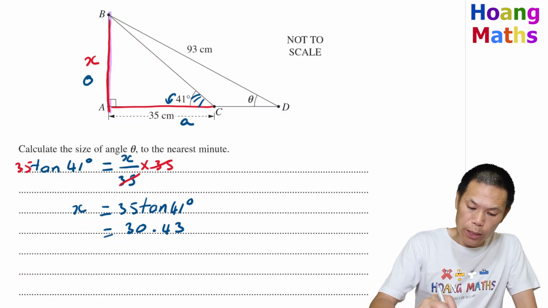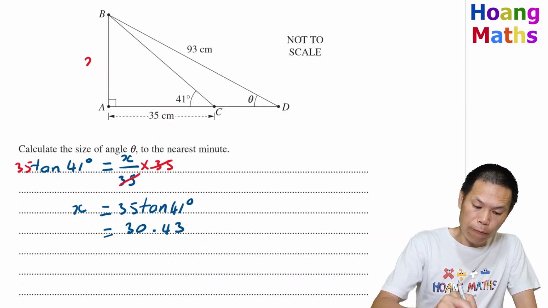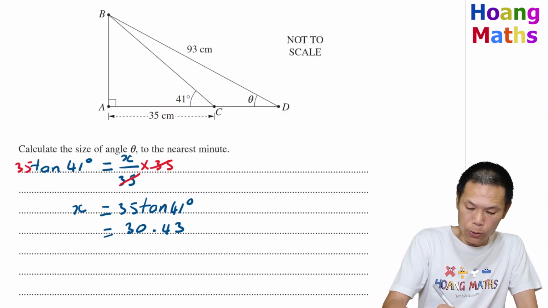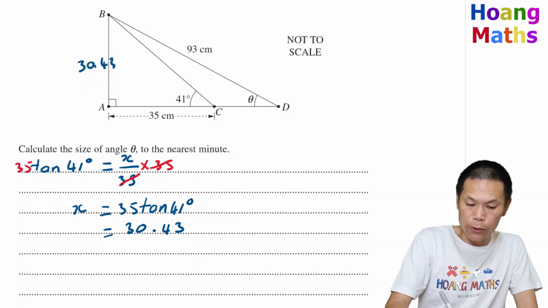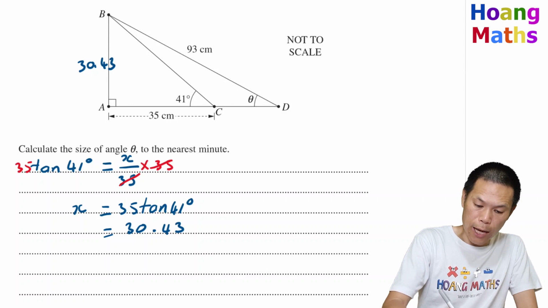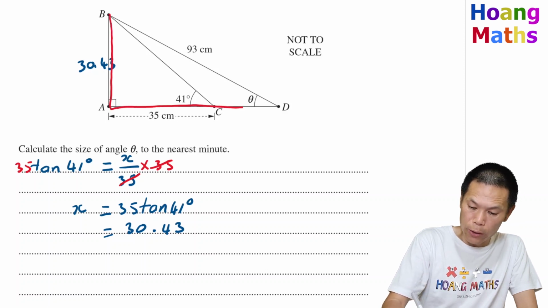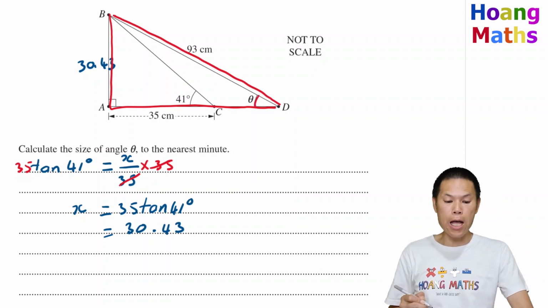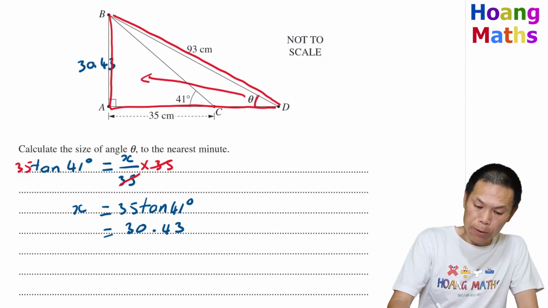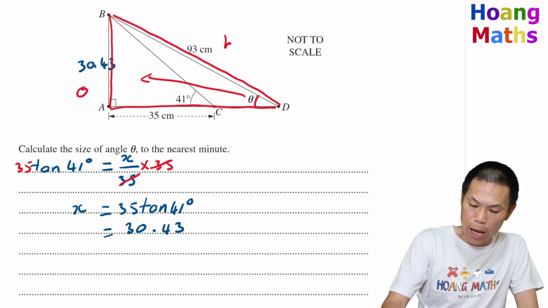Now let me just clear this. Now we can focus on the largest triangle, with 30.43. We focus on the larger triangle now. This is the triangle, so we can find the angle theta. We have opposite and then we have hypotenuse.